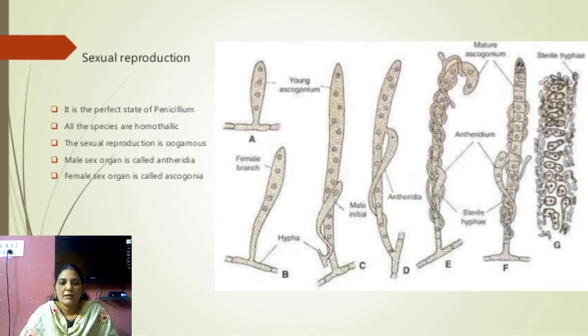The male sex organ is called the antheridium. At the time of fertilization, the antheridium comes to surround the ascogonium.